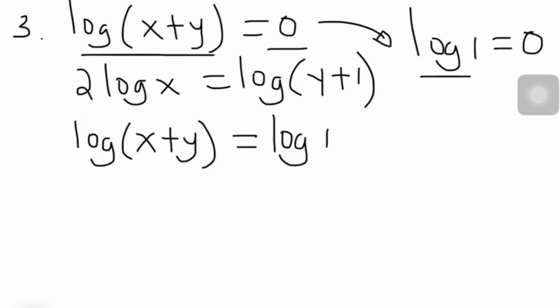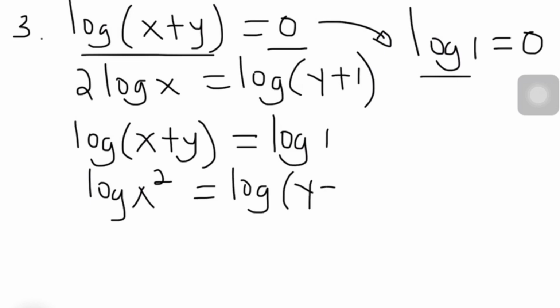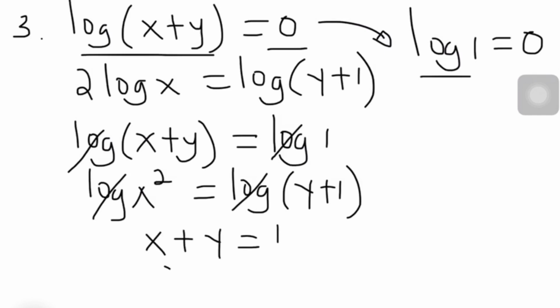And the second equation, we have log x squared. I hope you can understand why that one has become x squared. And therefore now, the logs can cancel, and we have our equations as x plus y is equal to 1 and x squared is equal to y plus 1.